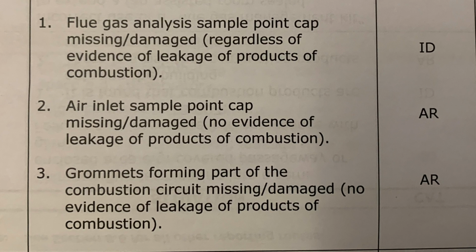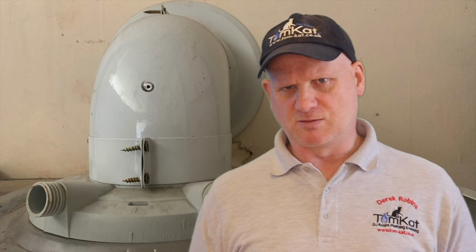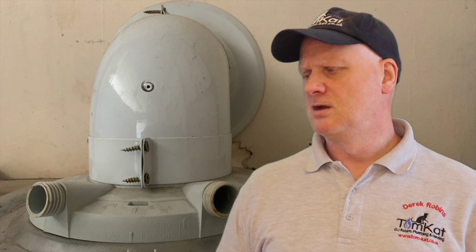Or grommets forming part of the combustion circuit missing or damaged, no evidence of leakage of products of combustion, again that's classed as at risk, but we haven't got that one. So if you do open the front cover and the grommets are missing where the cables come through, then that would be at risk. So what other faults have we got here?